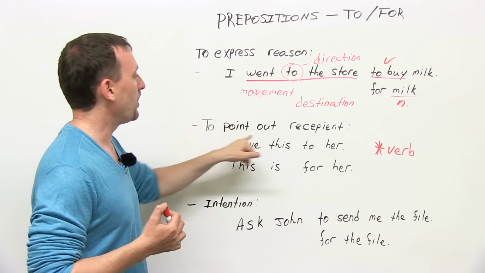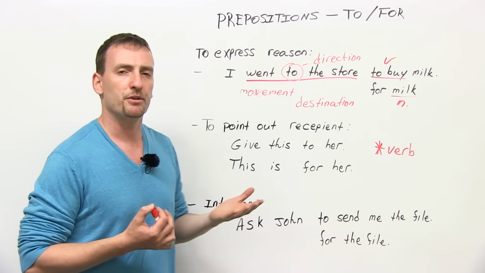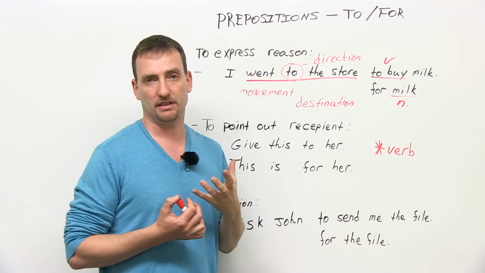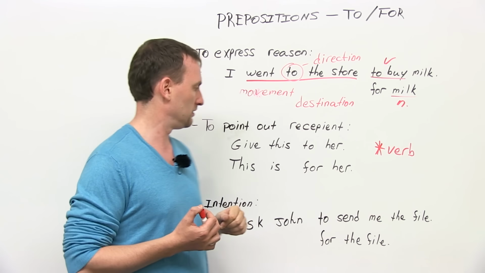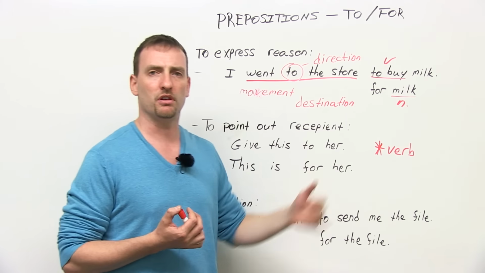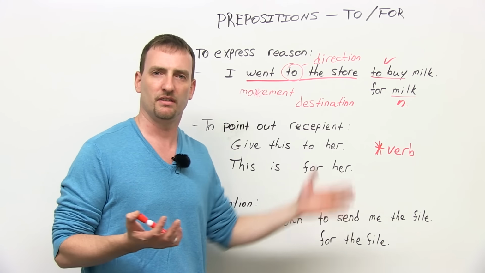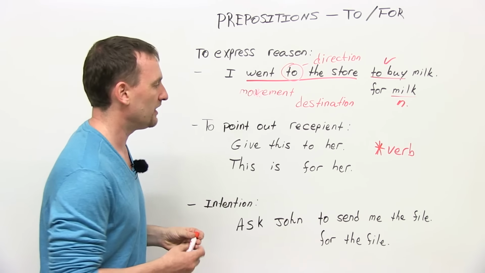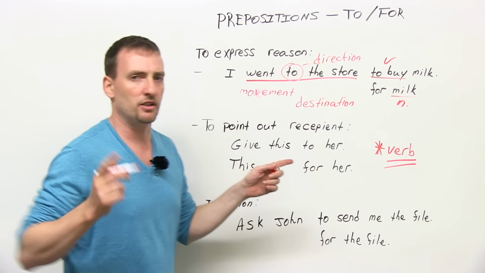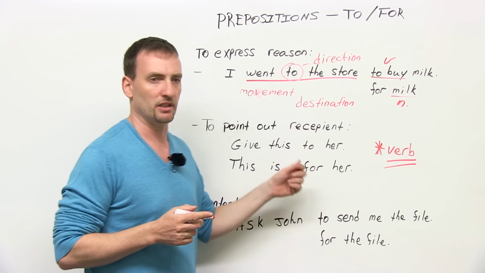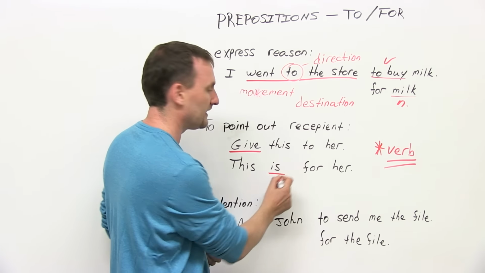Next, if you want to point out a recipient, what is a recipient? A person who receives something. Give this to her. This is for her. Now you're thinking, well, her. What's the difference? They look exactly the same. So here is why I wrote verb. In this situation, you're not worried about the preposition. You're worried about the verb. In this case, give. In this case, is.